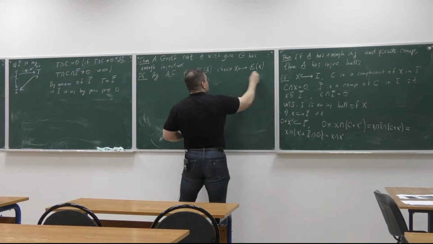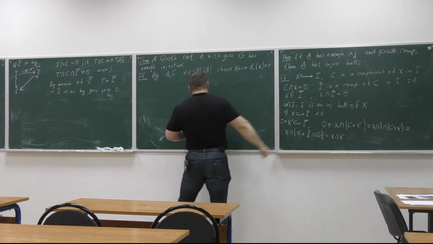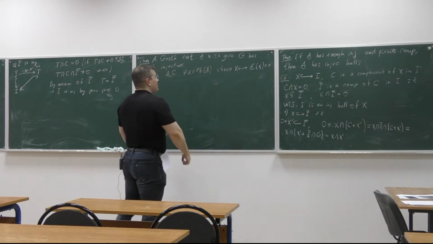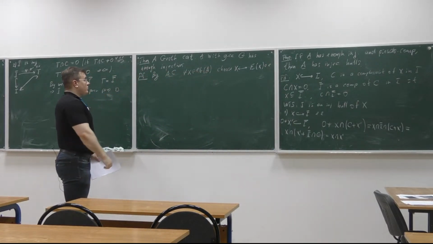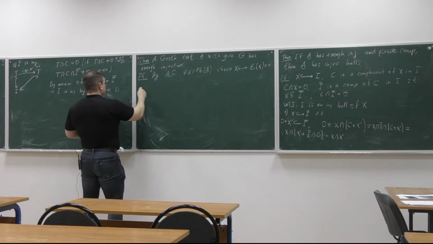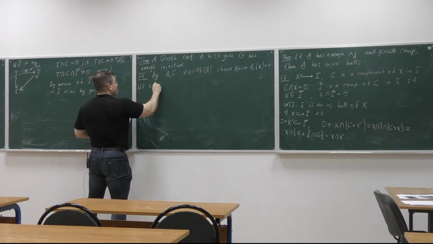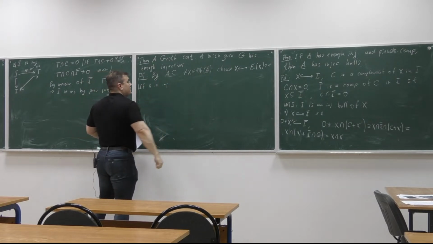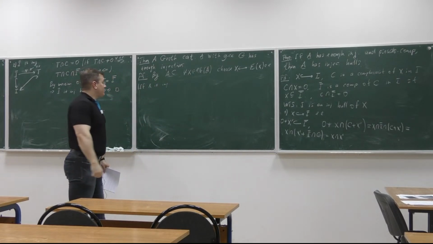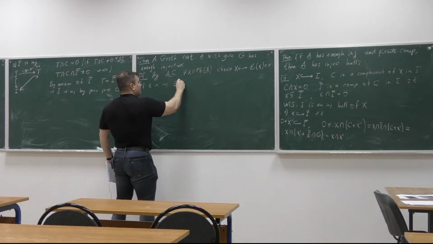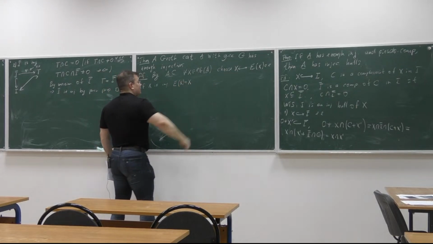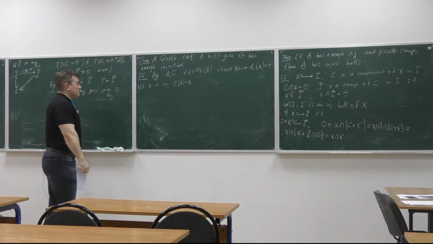So choose an essential extension E of x. Well, of course, we know that if x is injective, then there are no such essential extensions. So then we just take E of x to be equal to x.